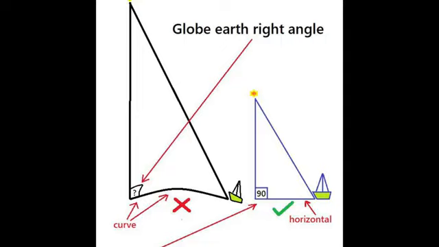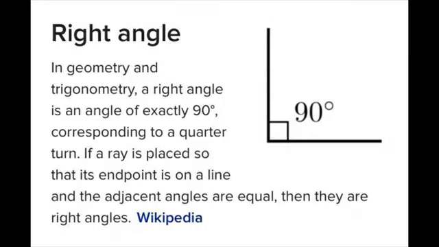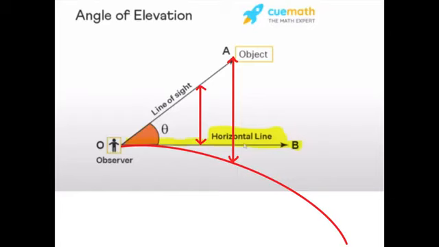If we define a horizontal line, it's going to be at 90 degrees to your zenith. So if we live on a ball, that horizontal line is not comporting to the surface of the Earth. So the first horrible red line I've drawn is the one that goes from the observer underneath the horizontal line to represent the curvature of the Earth.